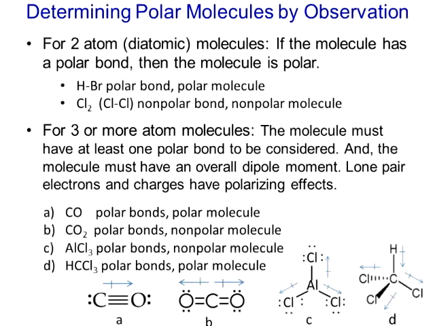And then there's aluminum chloride, or as it's generically referred to, aluminum trichloride. So there's aluminum chloride, which has polar bonds because the atoms are different.